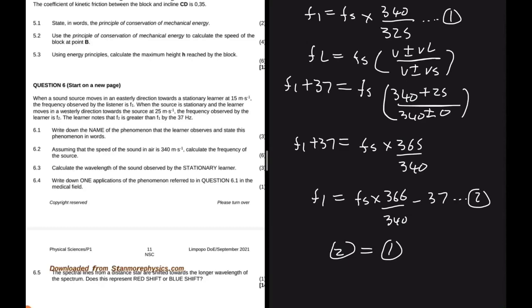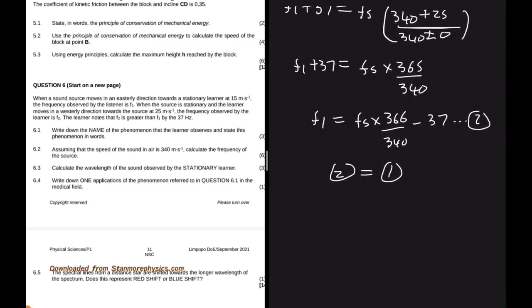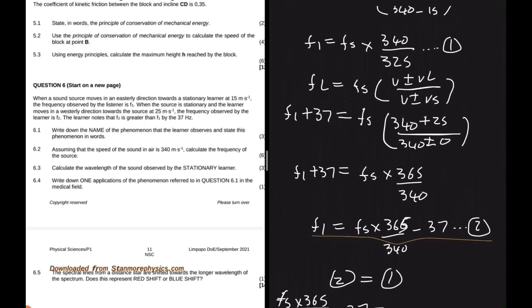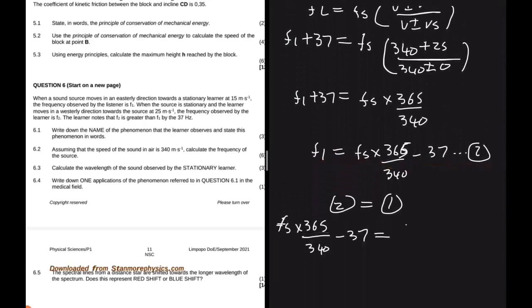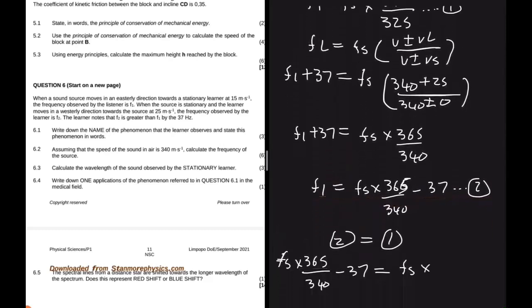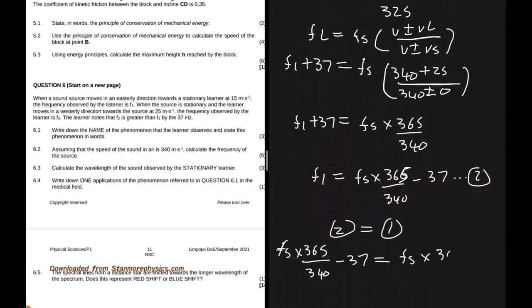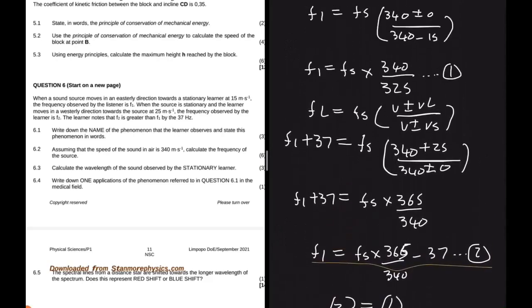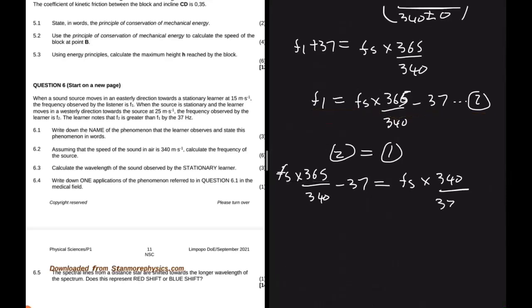So equation 2, Fs multiplied by 365 divided by 340, minus 37, equals equation 1, which is Fs multiplied by 340 divided by 325.